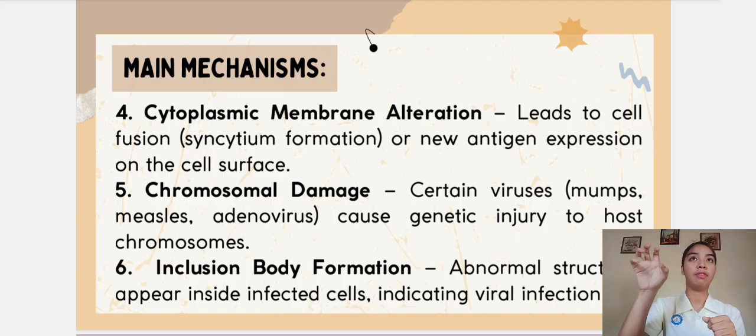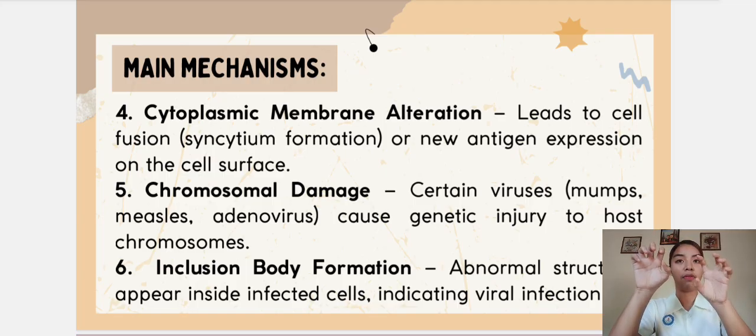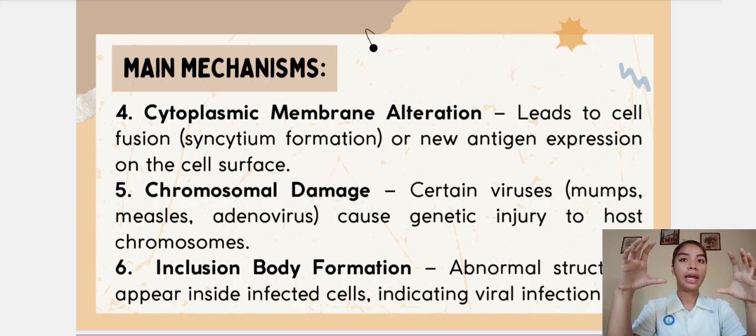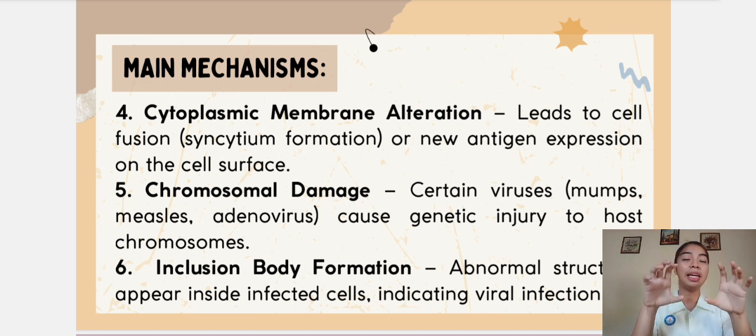For example, we have here an infected cell, and we have here an uninfected cell, infected cell, infected cell, and infected cell. Once they are close to each other, they can fuse, and this can cause syncytium, meaning magiging isang malaking cell na lang sila na madaming pinagsama-samang cell. So that is one of the mechanisms of how a virus can cause cellular injury.